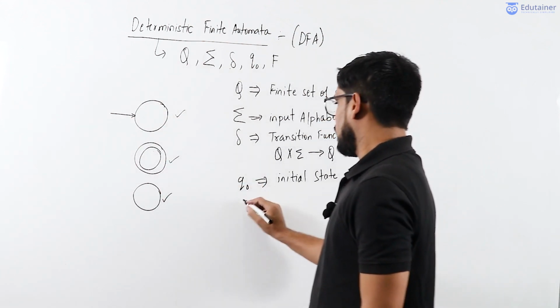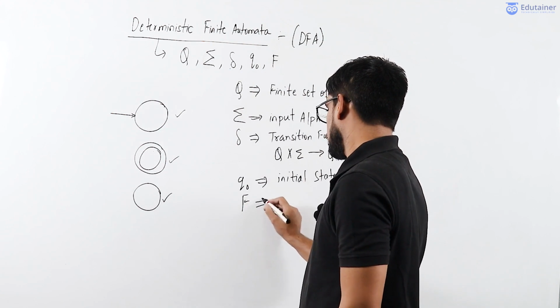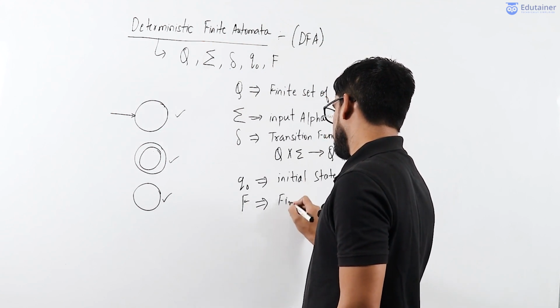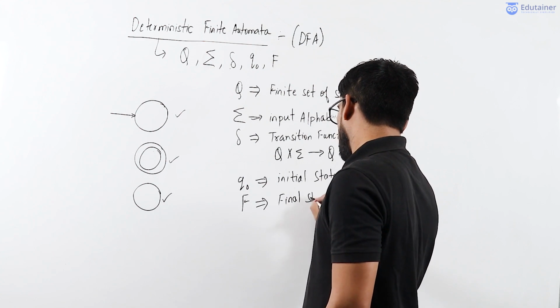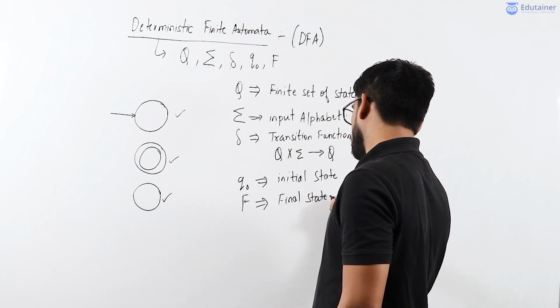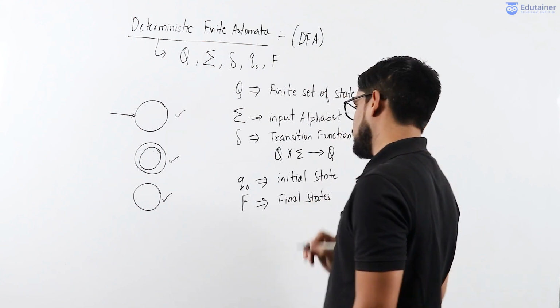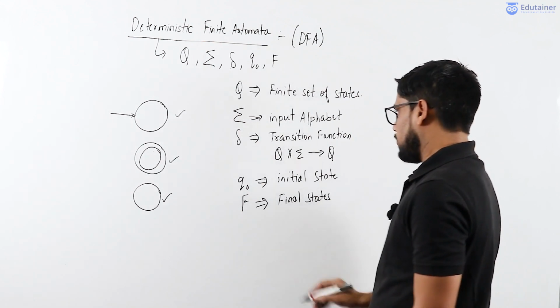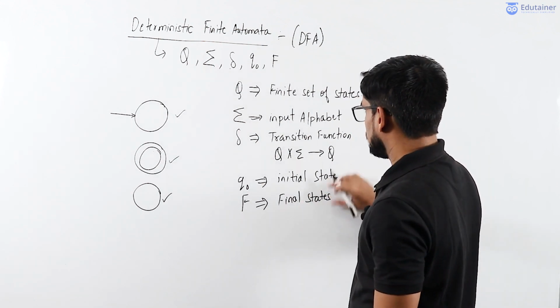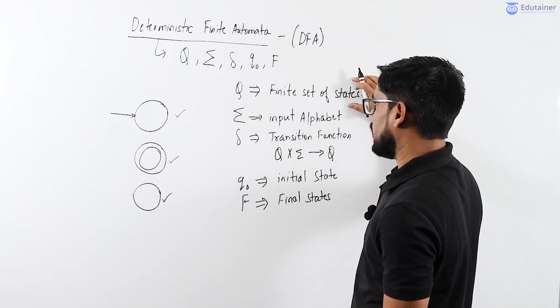The last tuple is the final state, and there may be one or more final states. Here I can write F is the set of final states, and it is always a proper subset of the finite set of states.